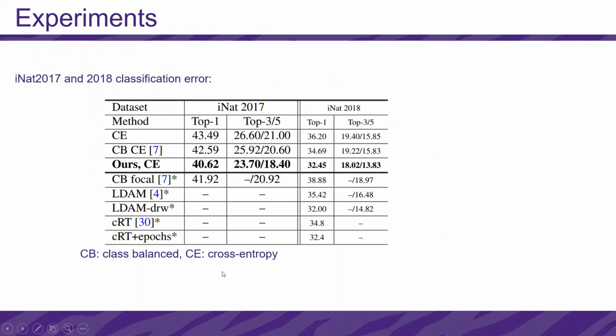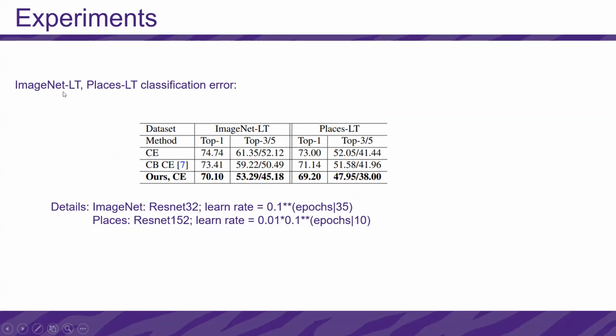This method in this paper also works well on iNaturalist 2017 and 2018, and also works well on ImageNet and Places. The details of these two datasets are different than before. Here is the learning rate and the neural network.